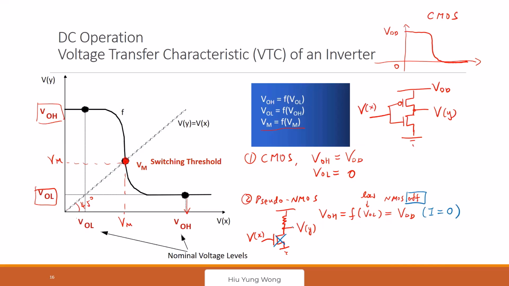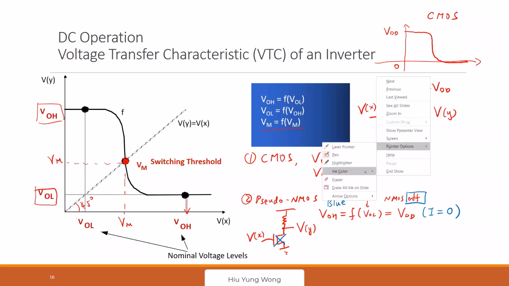So this will be charged up to VDD. This is very tricky, so be careful about that. Output high is still VDD because no current goes through it. This is the blue case. Is this clear? Any question?